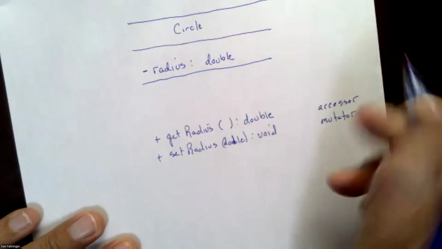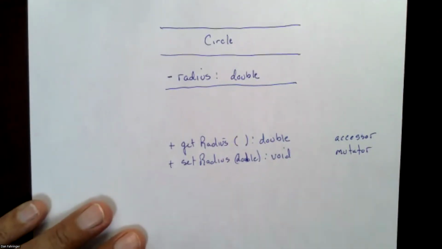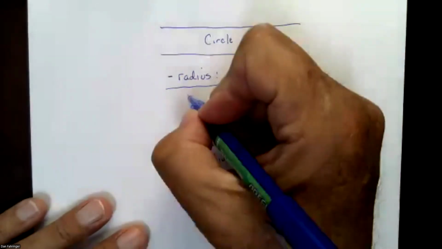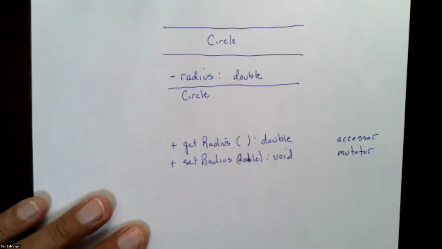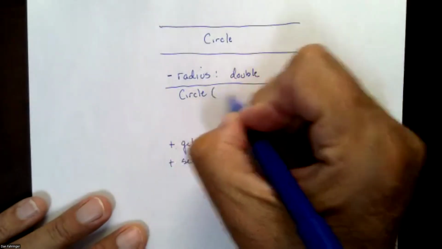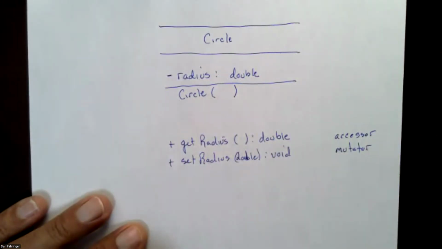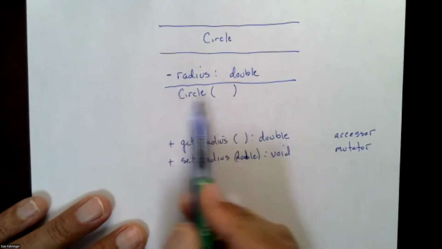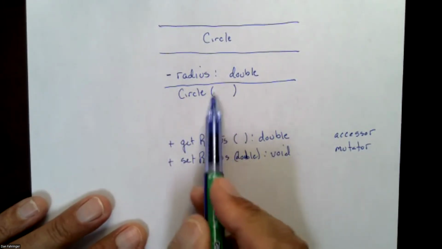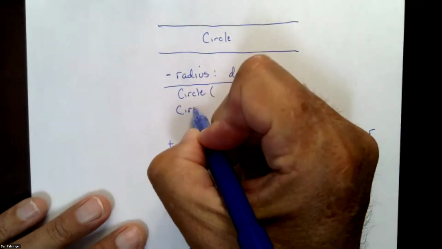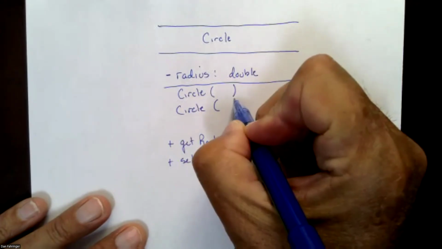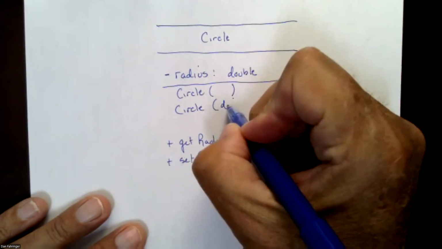So the second thing I would have in my UML chart would be my constructors. And the constructor is the same name as the class. For this guy, I could have a blank one, default. I'm overwriting the default. I might want the original radius to be 4, or I could have a constructor that brings a value in.